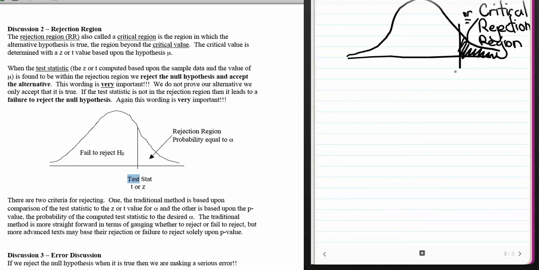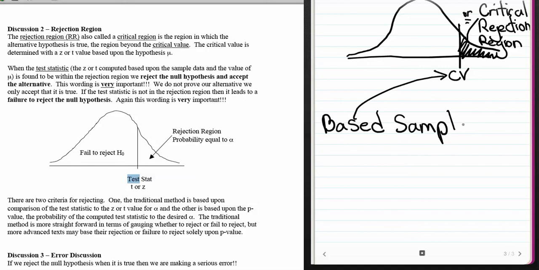And this critical value is based upon the sampling distribution. So this is based on a sampling distribution. And that is based upon the parameter that you are trying to estimate.